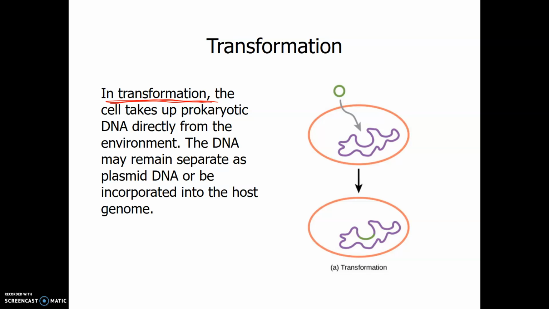He was studying mice, and he discovered that if you heat killed the deadly bacteria that killed the mice and mixed it with live non-deadly bacteria, the chromosome from the deadly bacteria could enter the non-deadly bacteria and cause them to express the deadly gene, and that was called transformation. So this is when the prokaryotic cell takes up DNA directly from the environment.